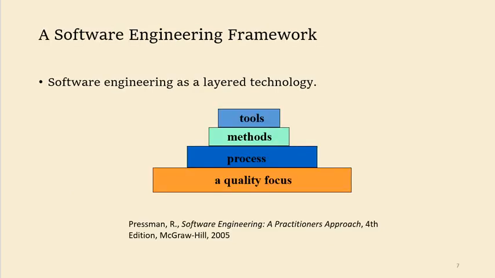This brings us down to a software engineering framework. You can think of these things as different layers that you have to worry about: the tools, methods, processes, quality focus. The foundation has to be quality focus. If you don't have good quality, everything else doesn't matter. You've all worked with buggy software. You've all worked with lousy software.